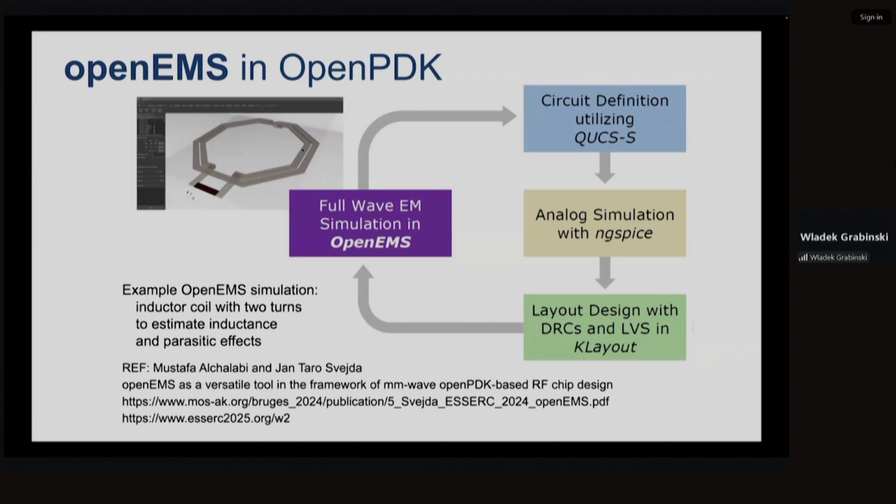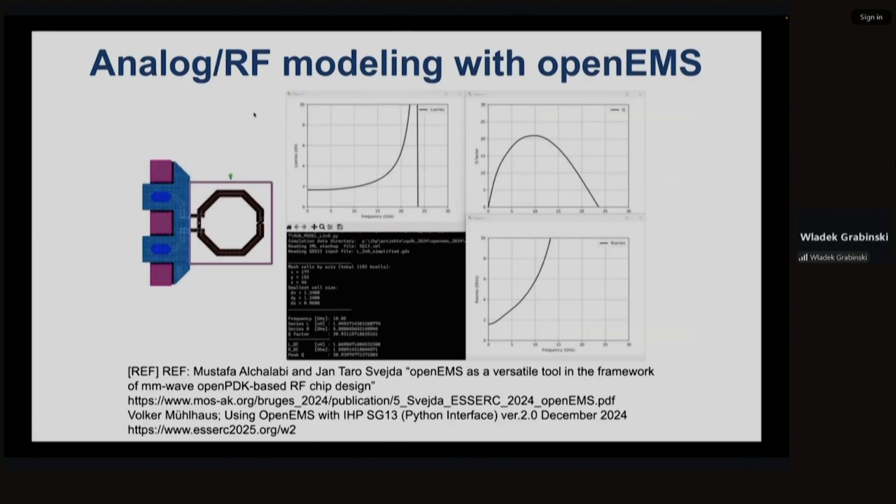You complete 3D electromagnetic simulations. As a result, you're entering your data to schematic and completing this flow for your full analog RF simulation. Here there is just an example of simulation of spiral inductor for given GDS2 layout.